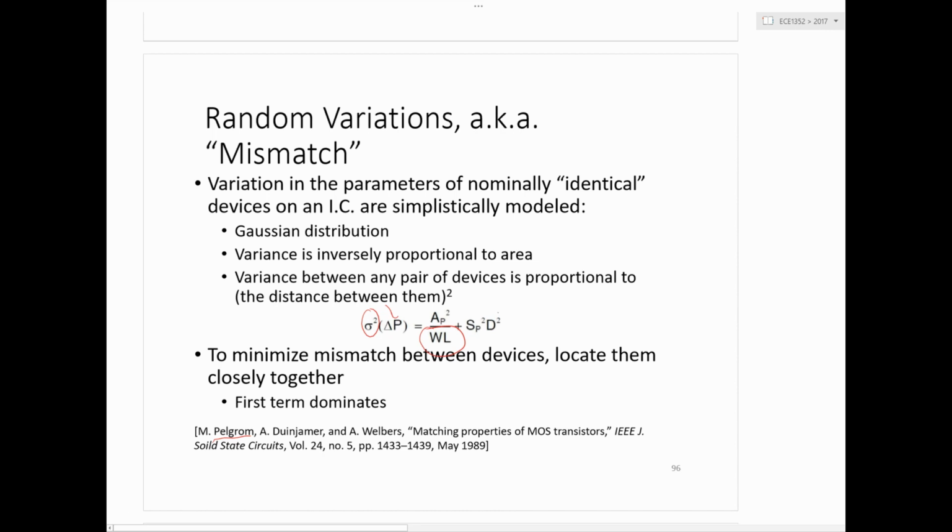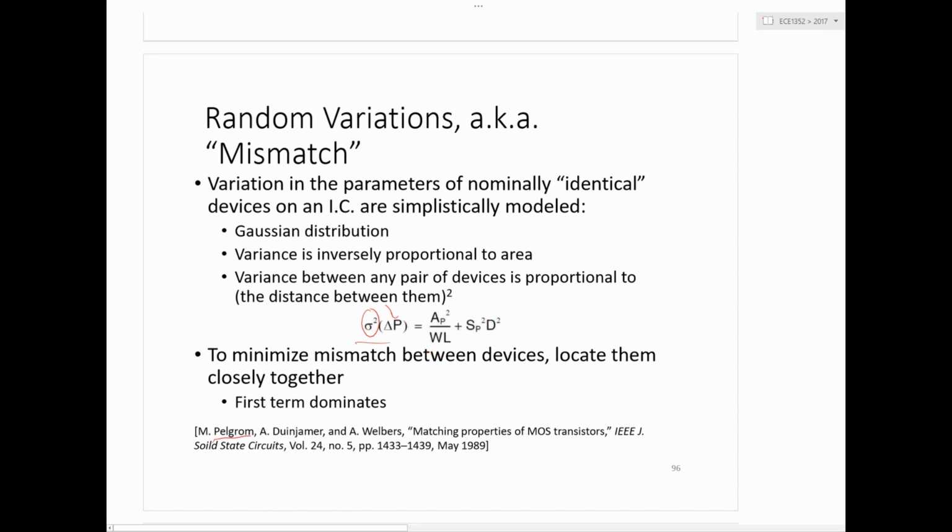And the second thing is that the amount of variation between two copies of the same component is going to increase with the square of the distance between them. So two components right next to each other will have this term kind of go away and vanish. But if you start making two transistors far apart, the amount of variation will increase.